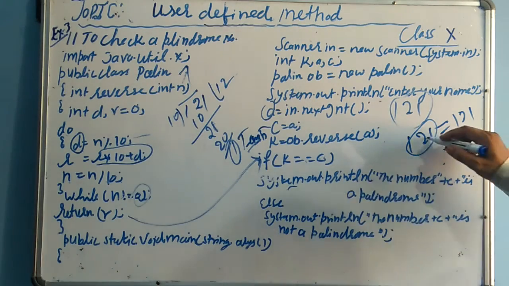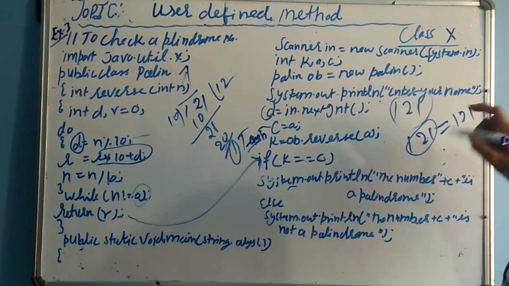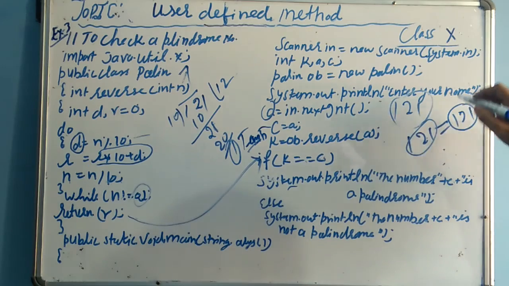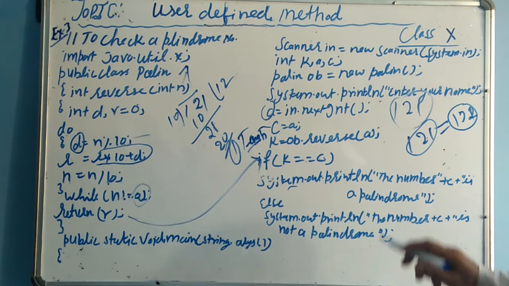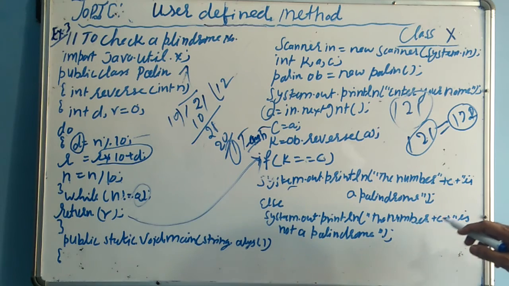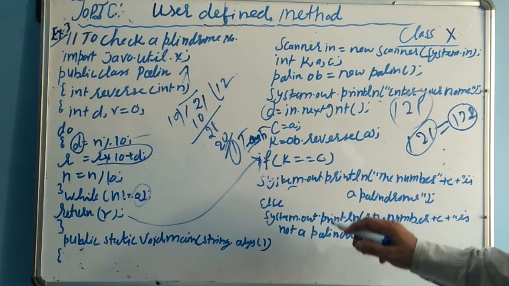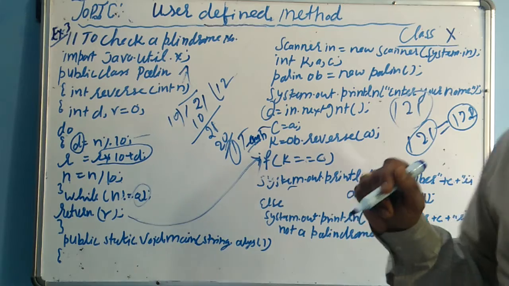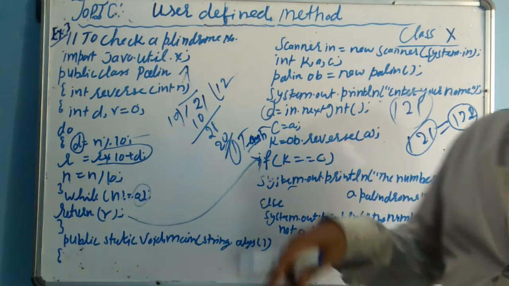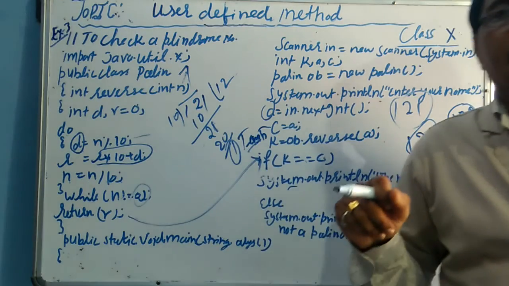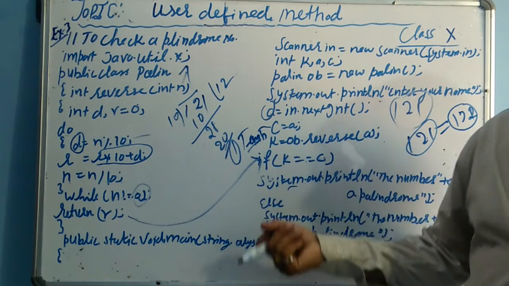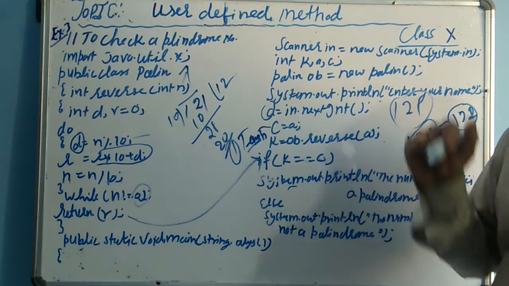If the number 121 and this 121 are not equal, suppose here is 2, then it will say the number is not a palindrome number. I think all the students understand this program well, how we will use the logic in the palindrome numbers.